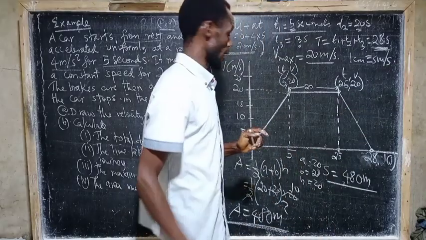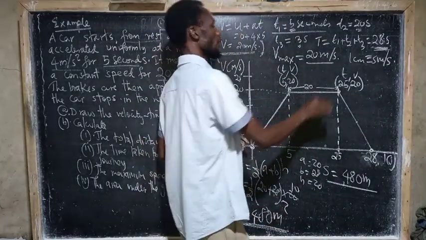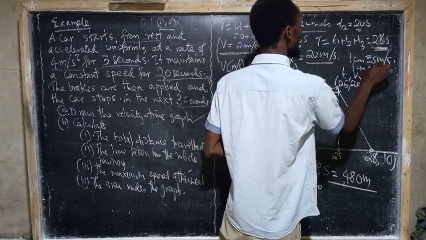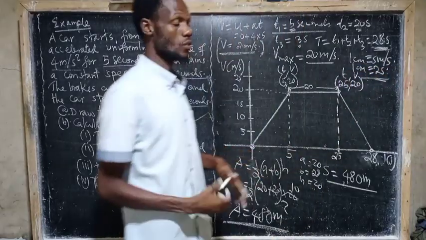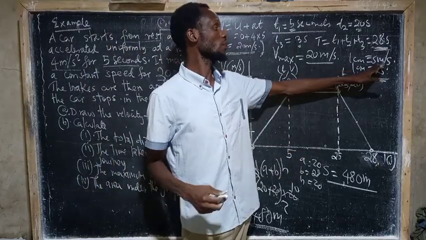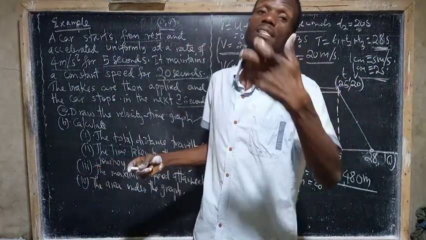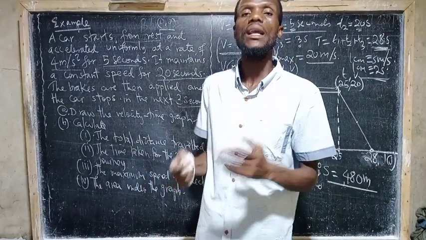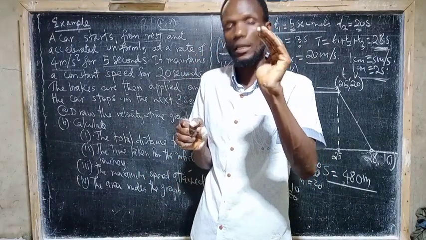And for the horizontal, we would have said maybe 1 centimeter represents 2 seconds. So this is the scale that we would have used so as to obtain a graph. A graph must have a scale. In the absence of the scale, we cannot say this is a graph. That is something very important.